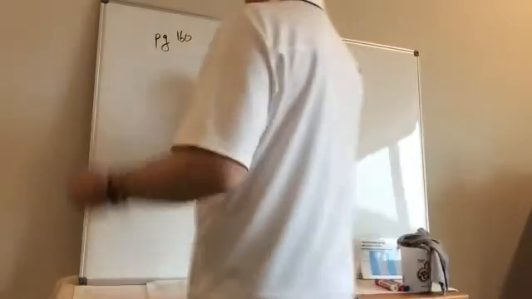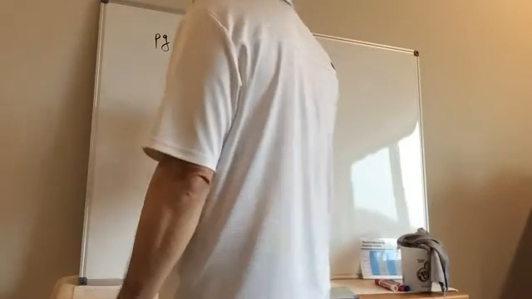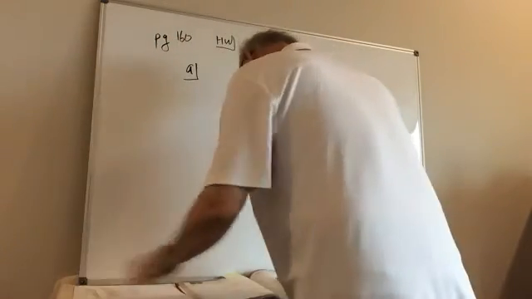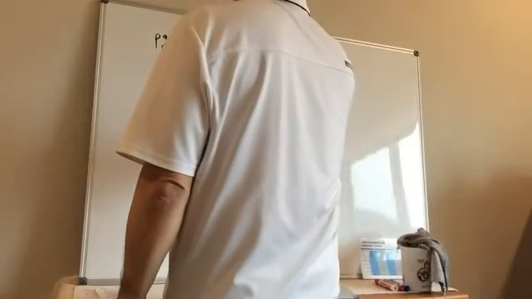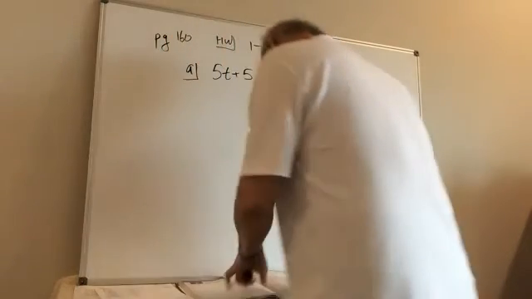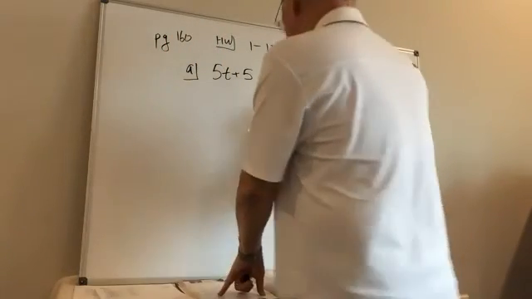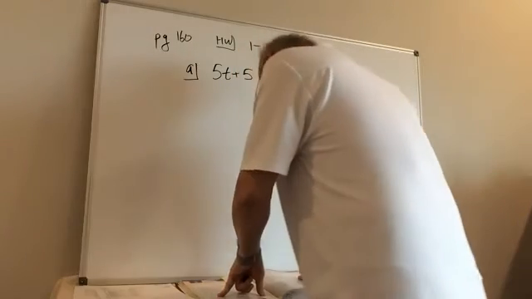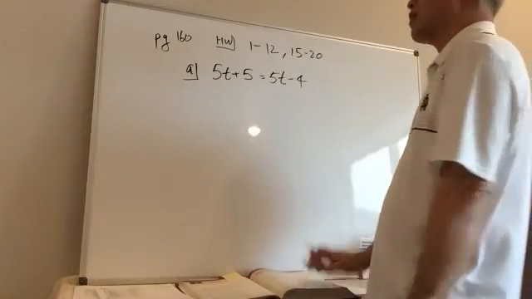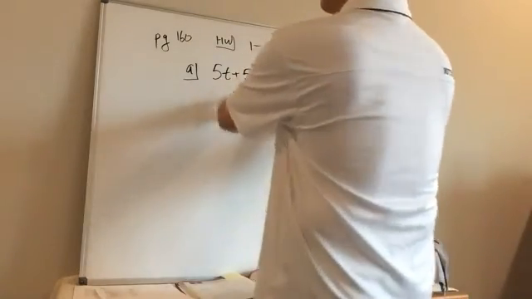Okay, number 9. Number 9, we have 5t plus 5 is equal to 5t minus 4. Okay, so on this one, we have 5t on both sides.